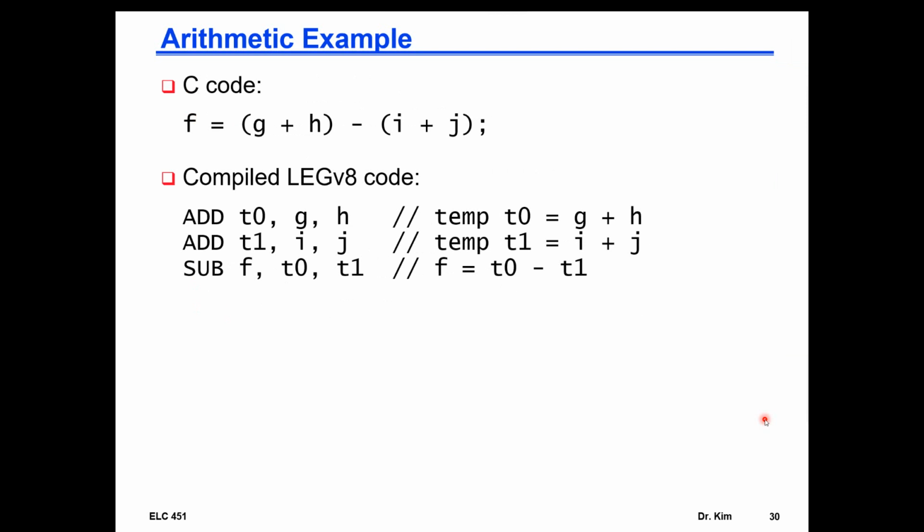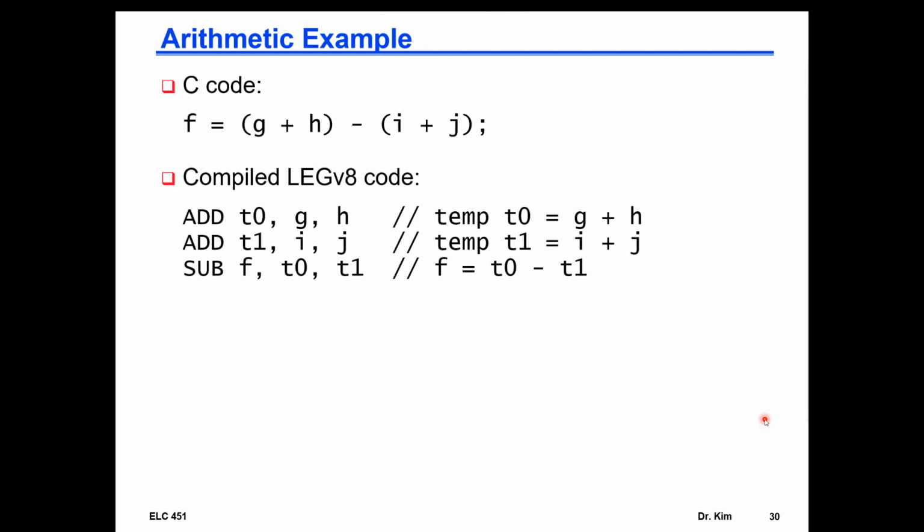So you can start taking a look at how high-level statements would get compiled into assembly language for the ARM subset. When it says compiled code, those are assembly language instructions.